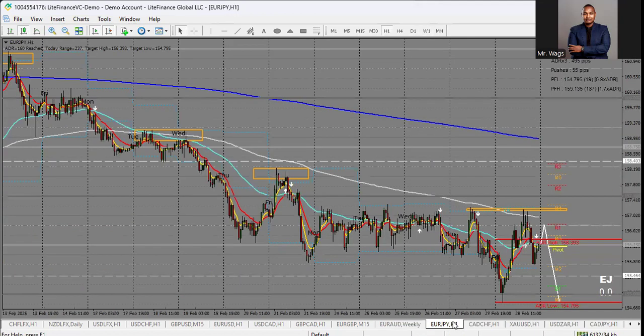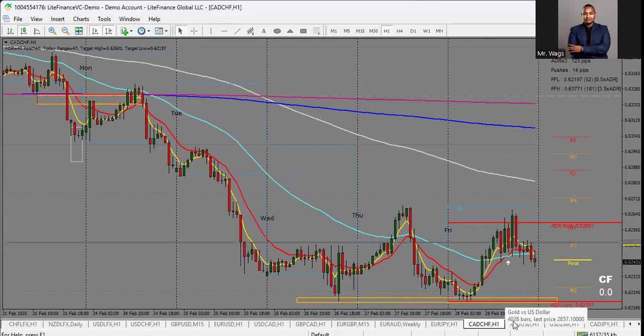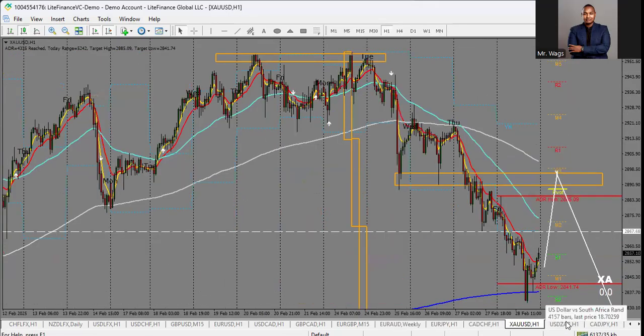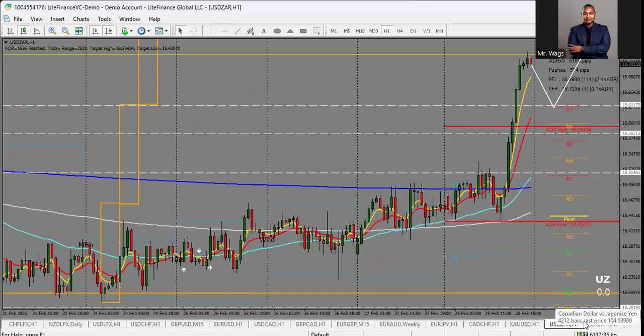As a reminder, when you're trading, you should all be using stop loss. You see, in this trading career, you are in it because you need to make money.